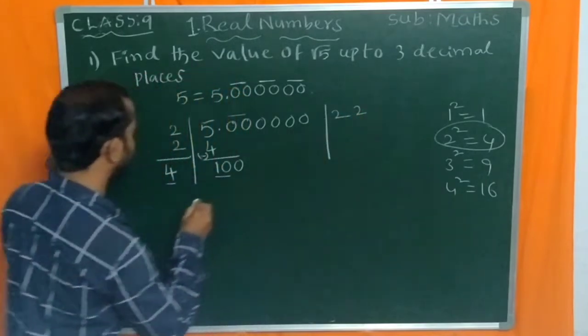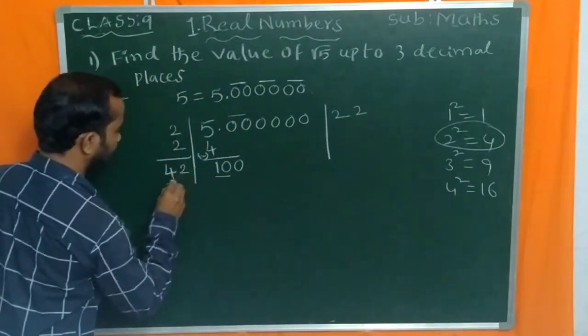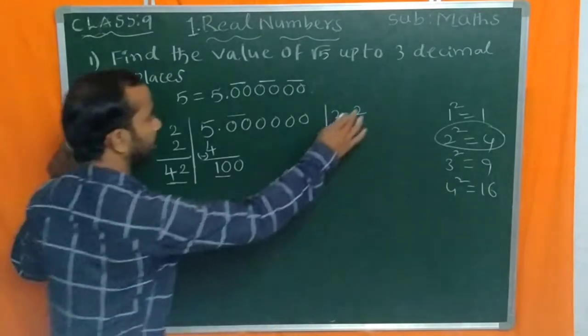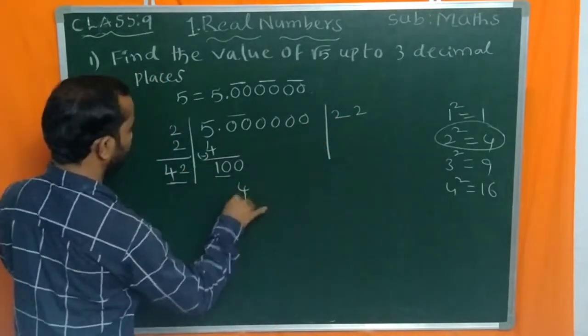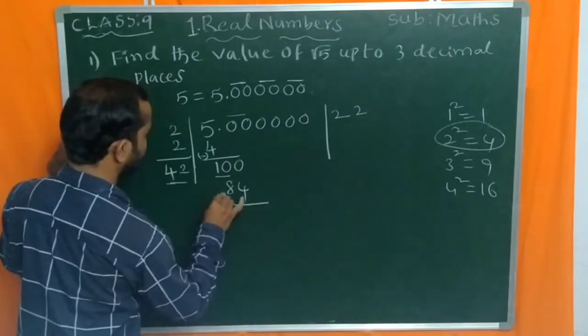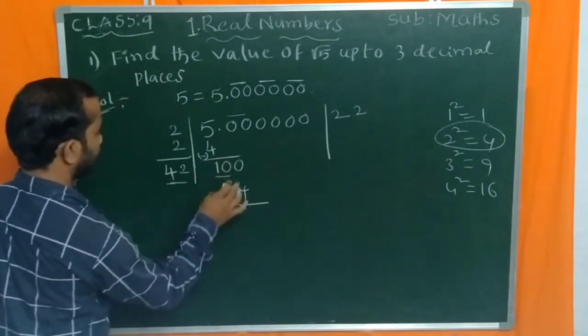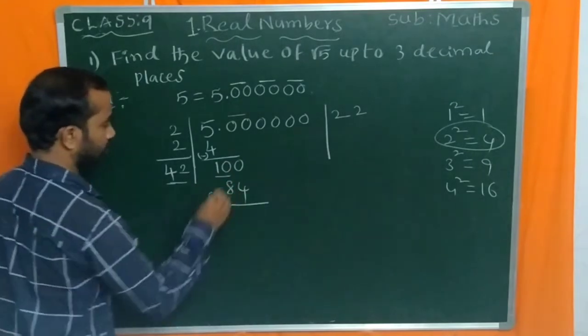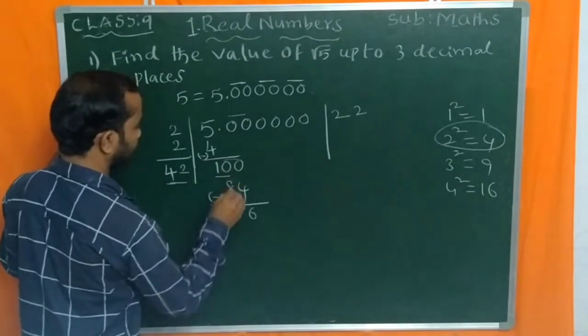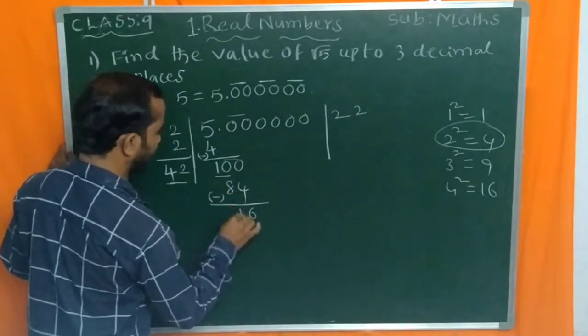So here we take 2, and for the divisor we also take 2. Next 2 2s are 4, 2 4s are 8. So subtract 100 and 84: 10 minus 4 is 6, 9 minus 8 is 1.